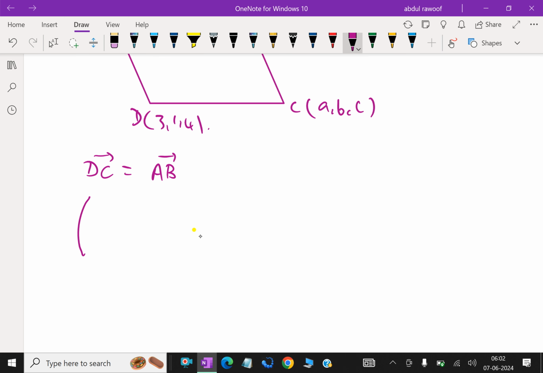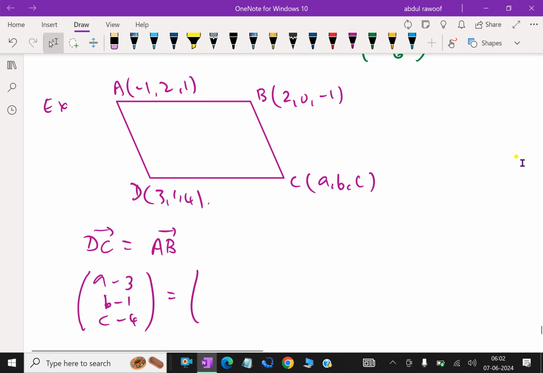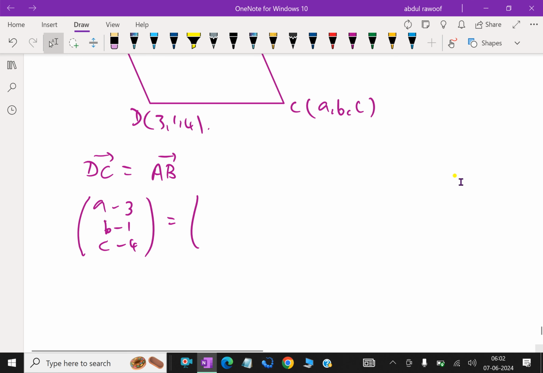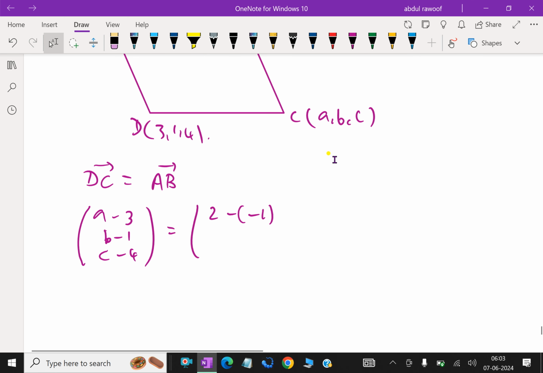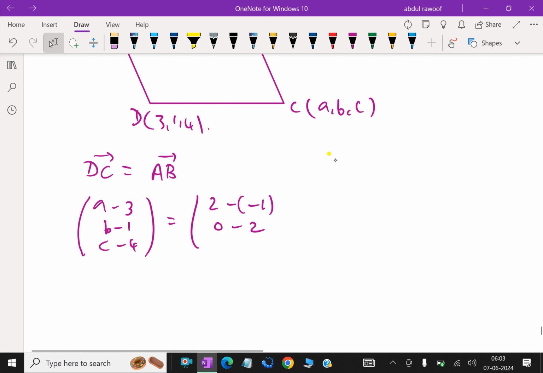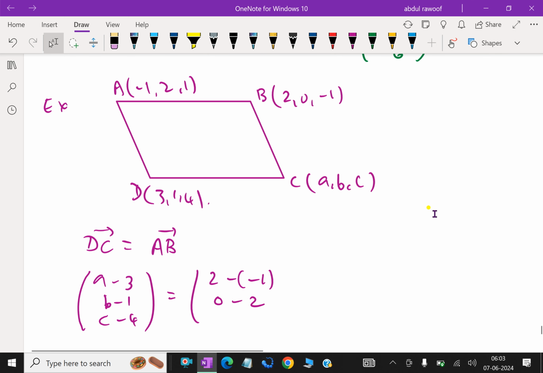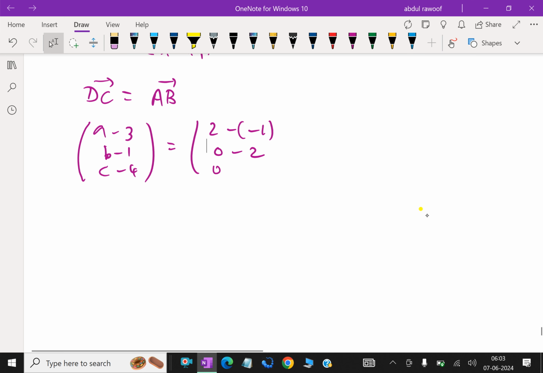Vector DC is a minus 3, b minus 1 and c minus 4, which is equal to AB. AB is B minus A, that is 2 minus of minus 1, 0 minus 2 and minus 1 minus 1.